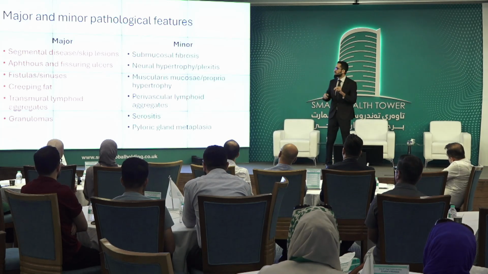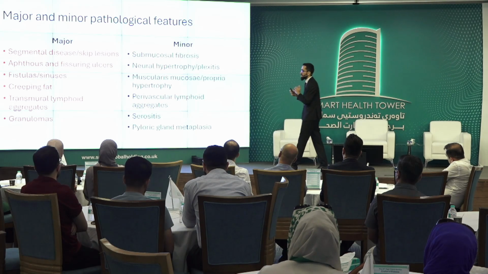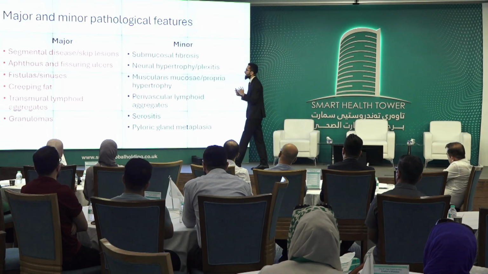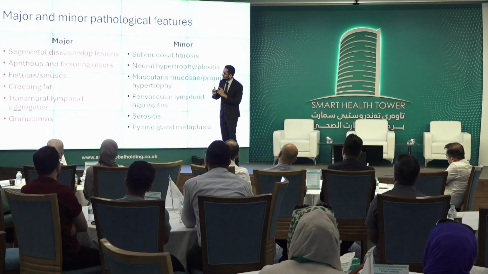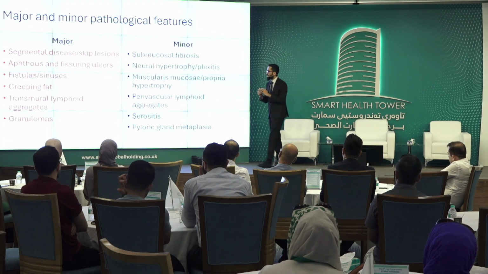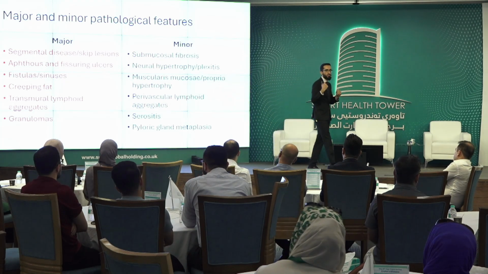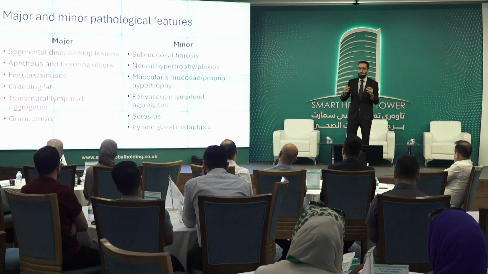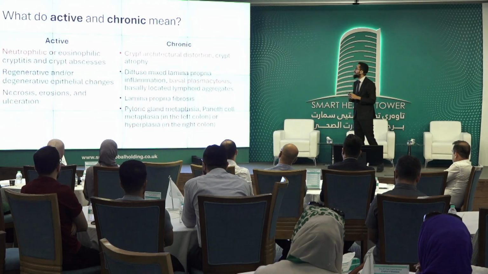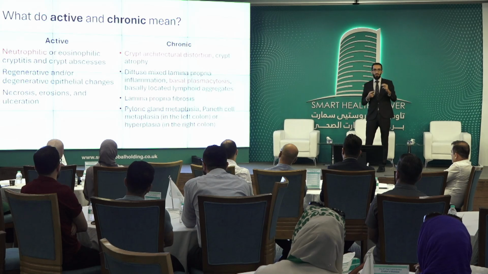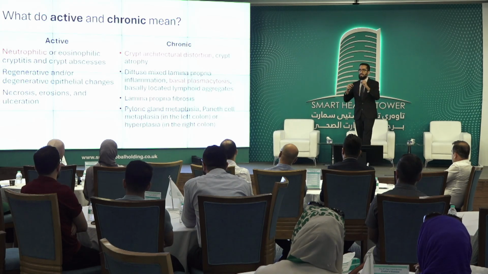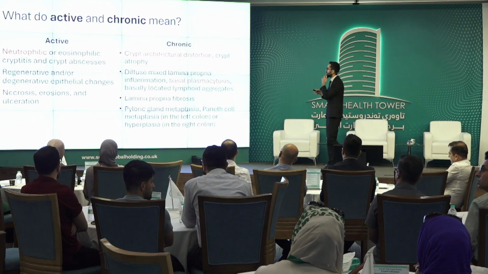The major features are the presence of segmental disease or skip lesions, the fissuring ulcers, the creeping fat that we mentioned, transmural aggregates and granulomas. And as you can see, most of these are features that are only present on a resection specimen, not on an endoscopic biopsy. And that is why with an endoscopic biopsy, we cannot give a specific definitive diagnosis, as I'll come to in a moment.